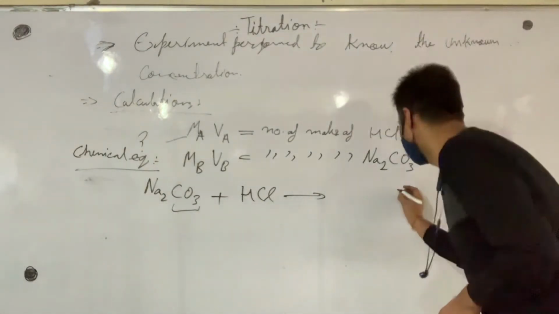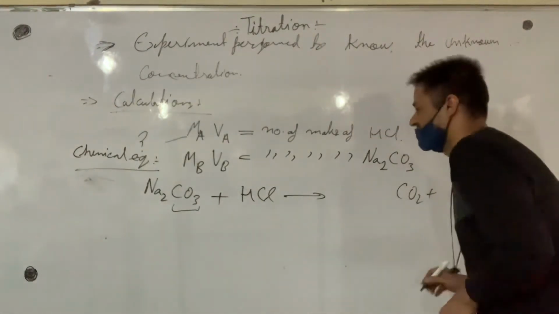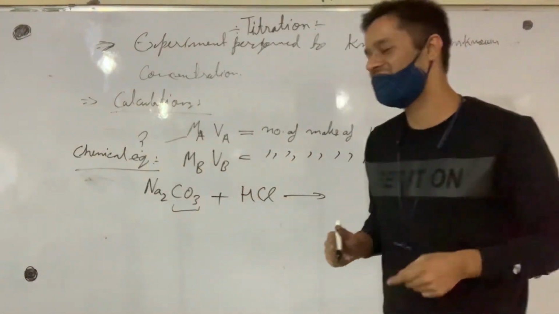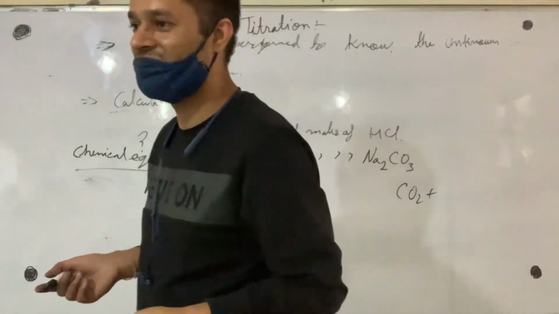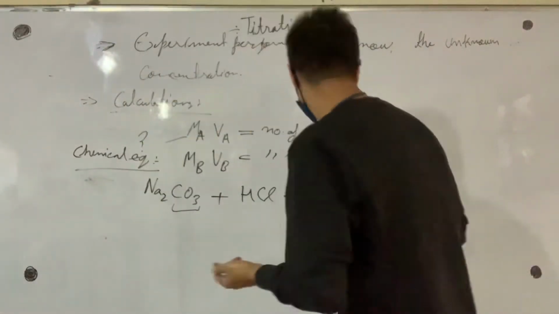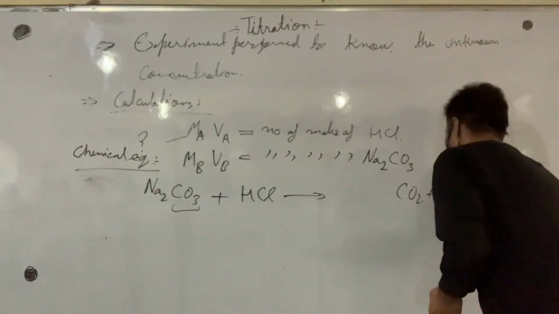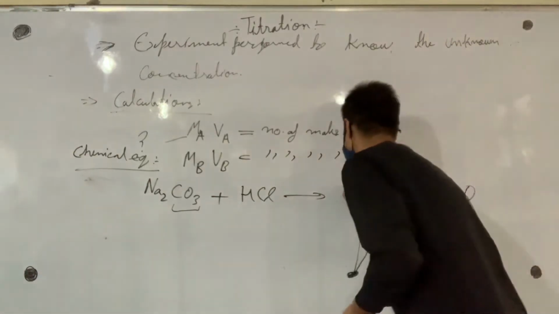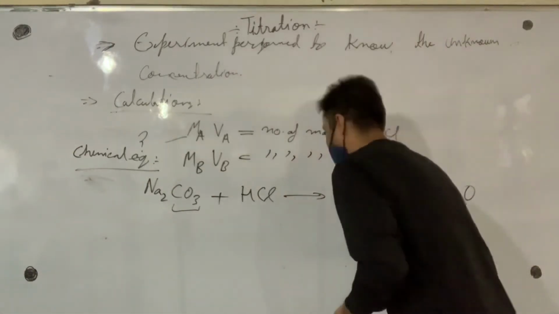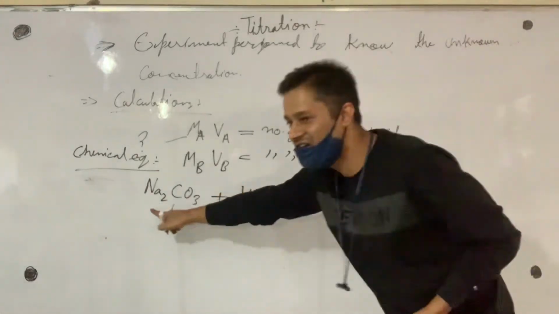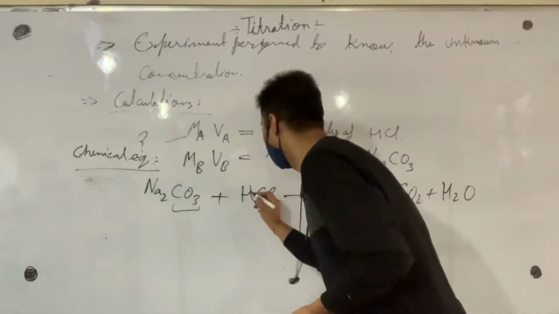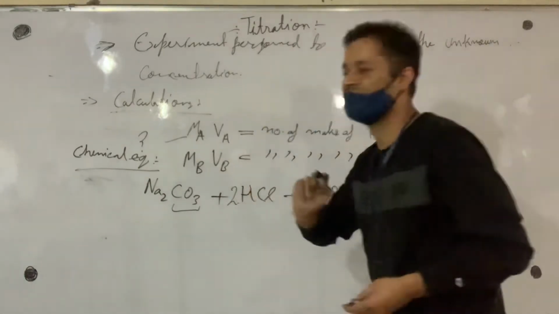Yes. CO2 plus, this is acid base. Whenever acid and base react together, what is formed? Salt and water. So plus water is again there. What is the salt? NaCl. How many moles? 2. 2 Na is there. So we have to balance: 2 NaCl, and how much HCl is used?